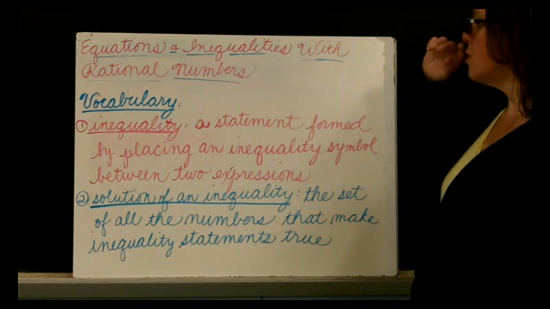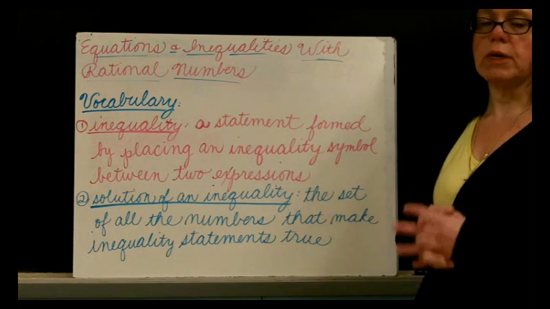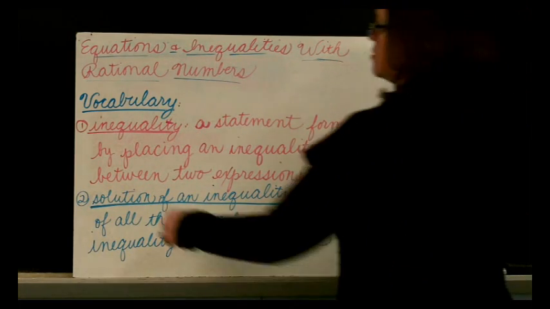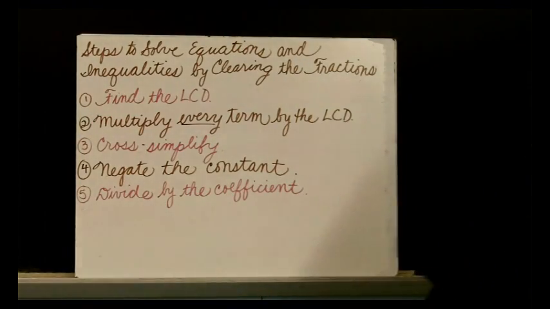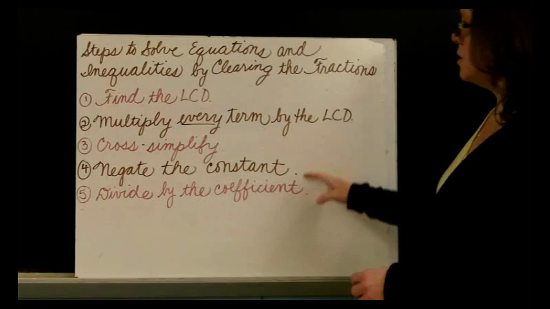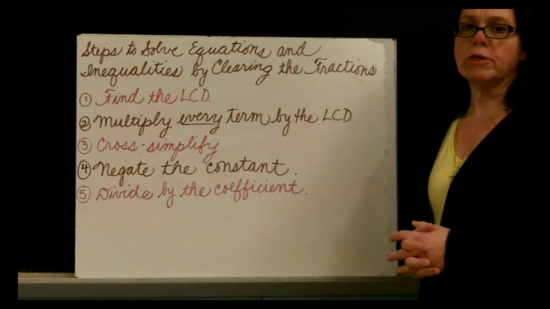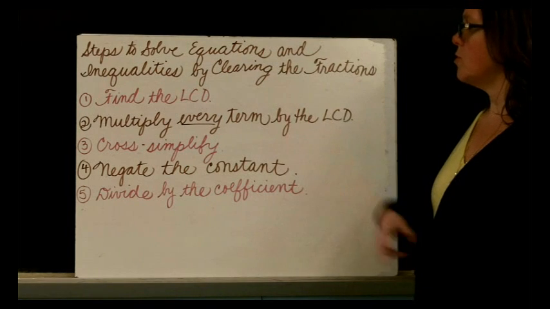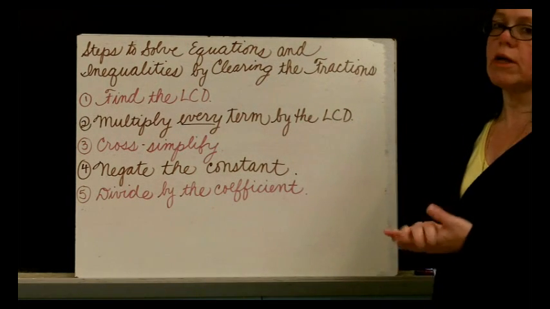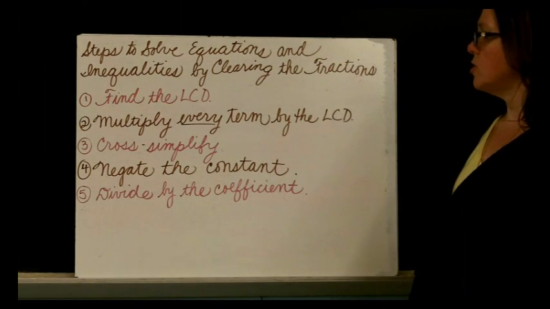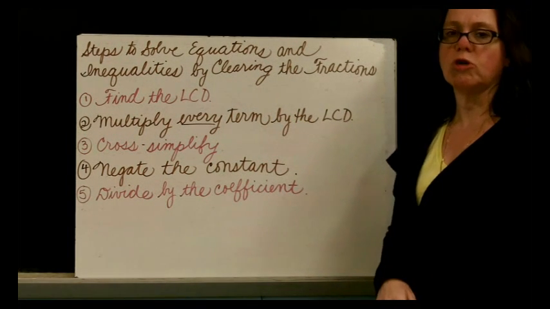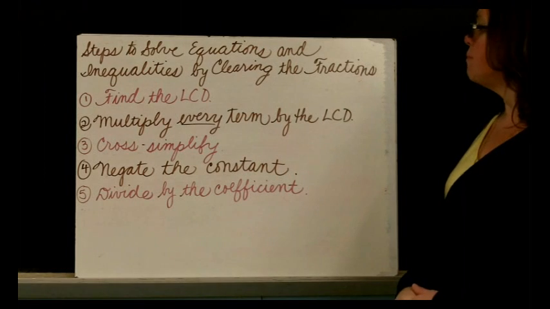Now, before we go on to our first example, which will be solving an equation using fractions, there is a new method that I want to show you, and there's a list of steps that you'll need to copy before we move on to the example. So these steps are for solving equations and inequalities by clearing the fractions. So the first thing that you need to do is find the LCD, which you know means the least common denominator.